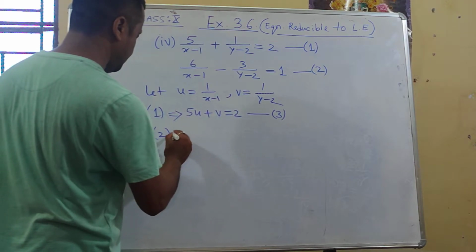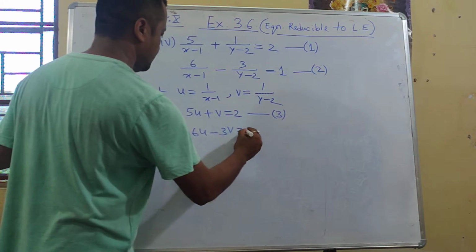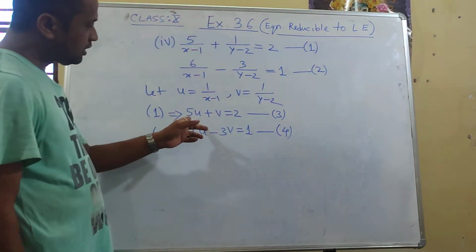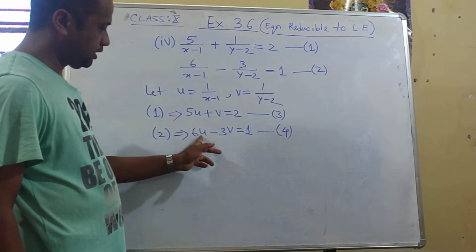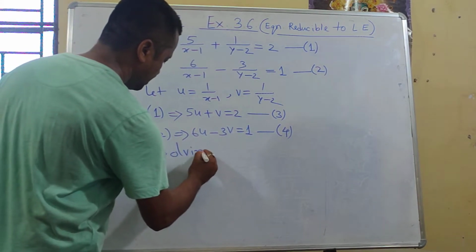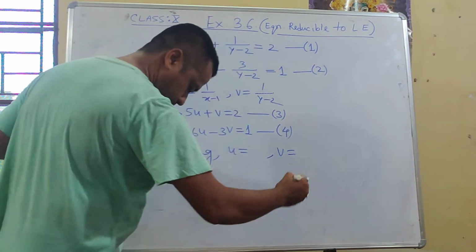And 2 implies 6u minus 3v is equal to 1. It is equation number 4. Now these are two simple pair of linear equations in u and v. So you can solve by any method for these two variables. So solving, you will get u and you will get v.